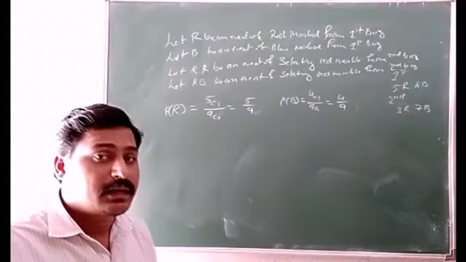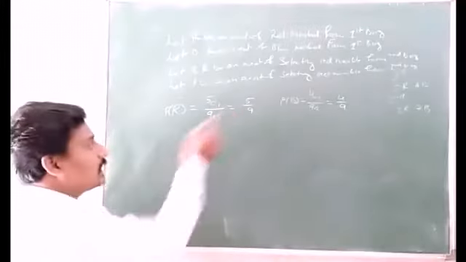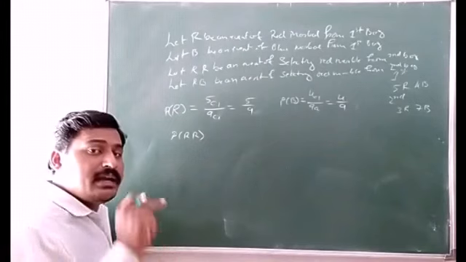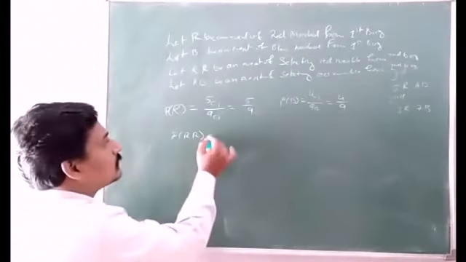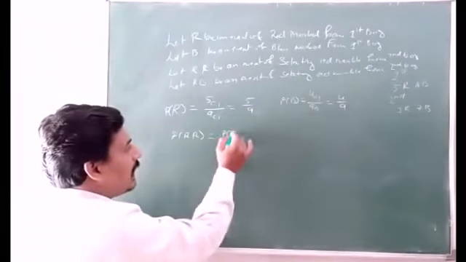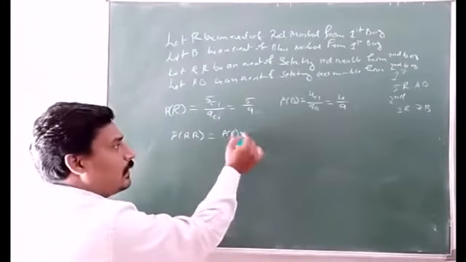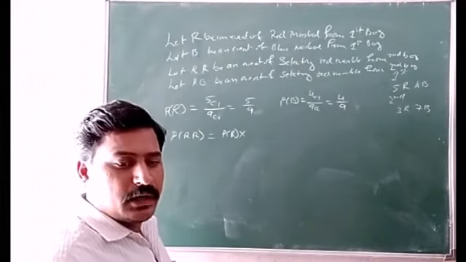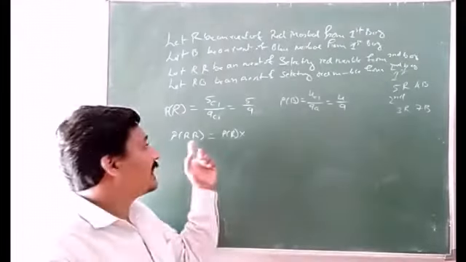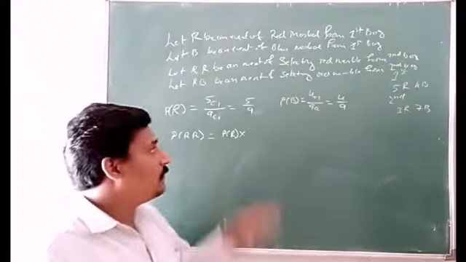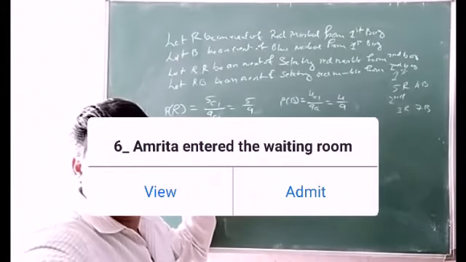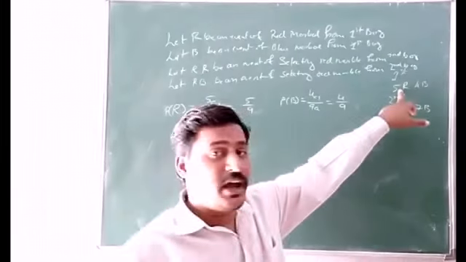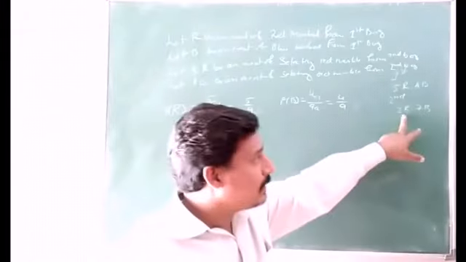Now selecting a red marble from the second bag, after that, probability of RR. So assuming that first marble is red and again second marble is red, so that is probability of R into probability of selecting red marble from the second bag. Remember, in first bag 5 red marbles are there, and in second bag 3 red marbles are there.